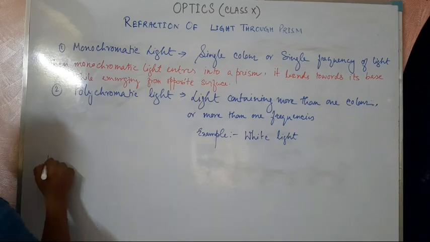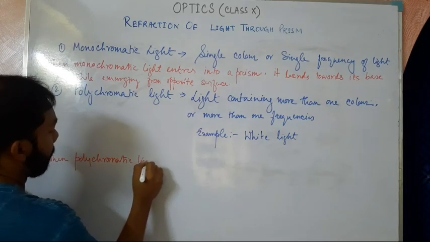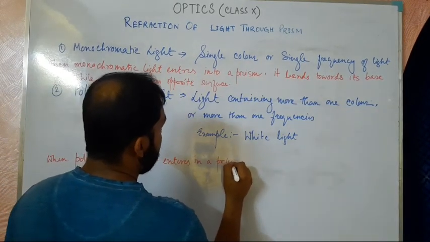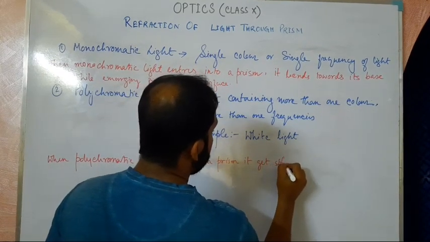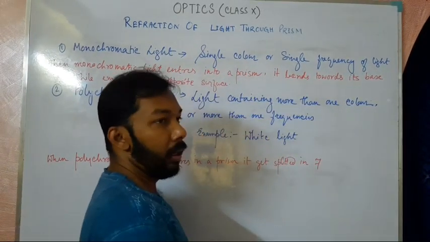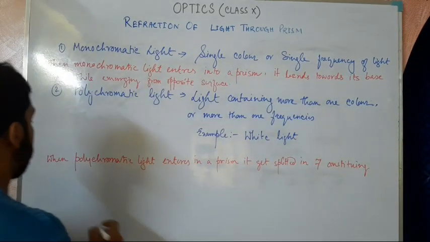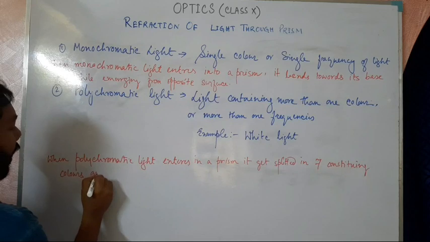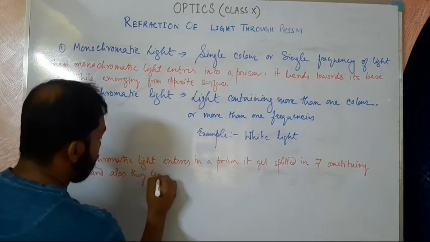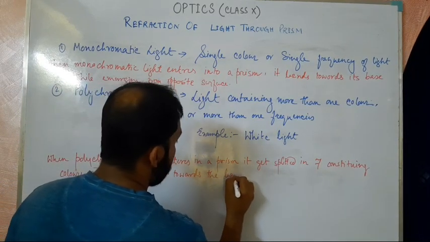But when polychromatic light enters in a prism, it gets split in 7 constituent colors, and also they bend towards the base.